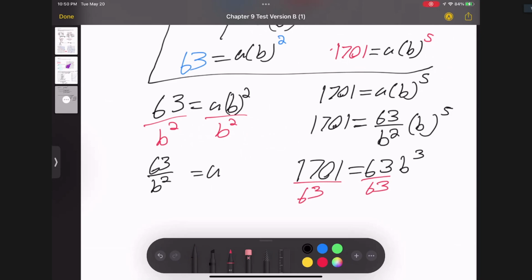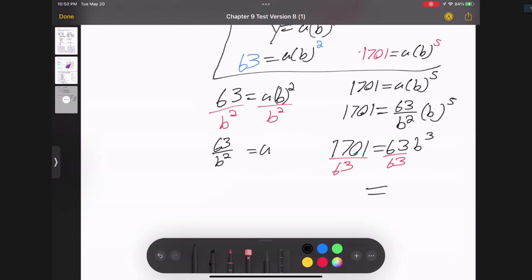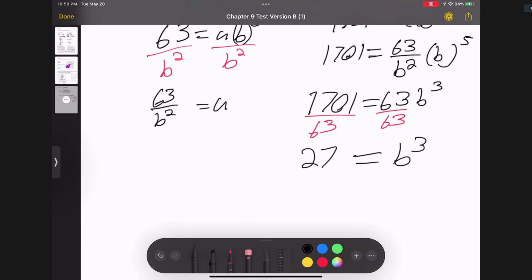I'm going to use the calculator: 1701 divided by 63. That is going to be a nice number, like I planned. It's going to be 27.